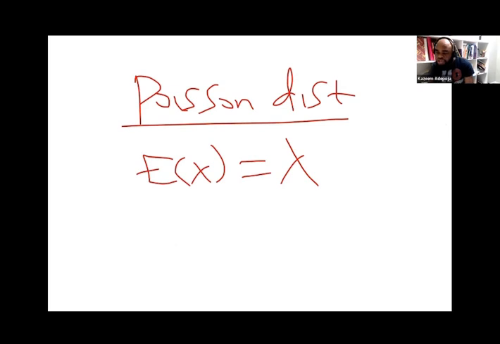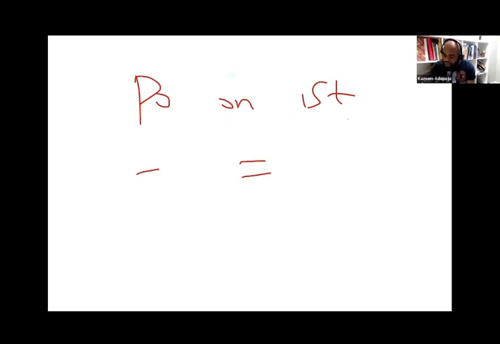So what about the continuous? There are 2 distributions that are very, very crucial in this final as far as continuous is concerned. Number 1, gamma.